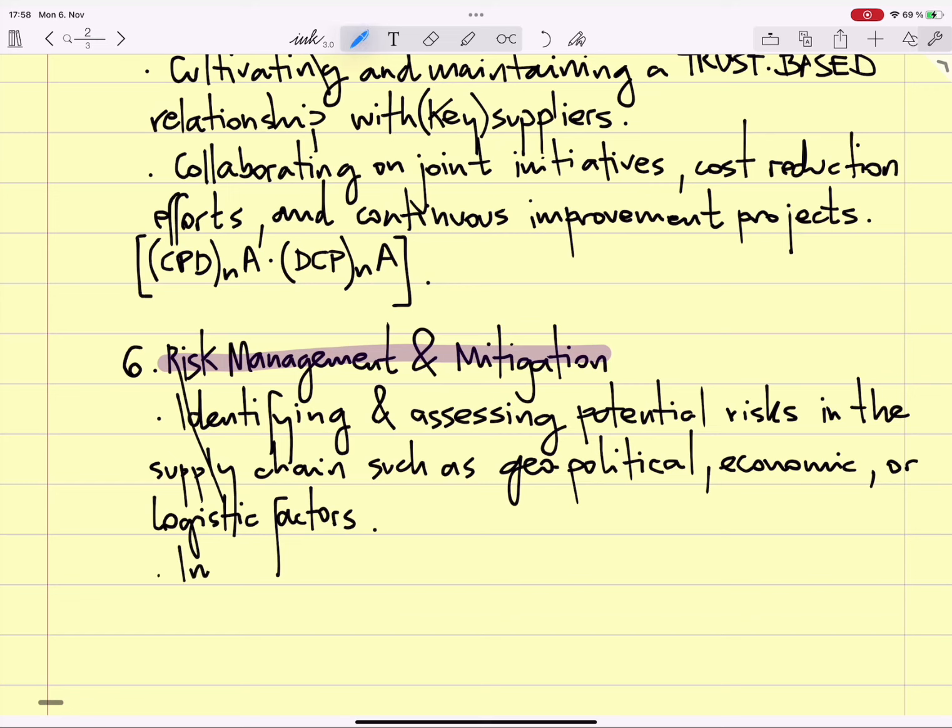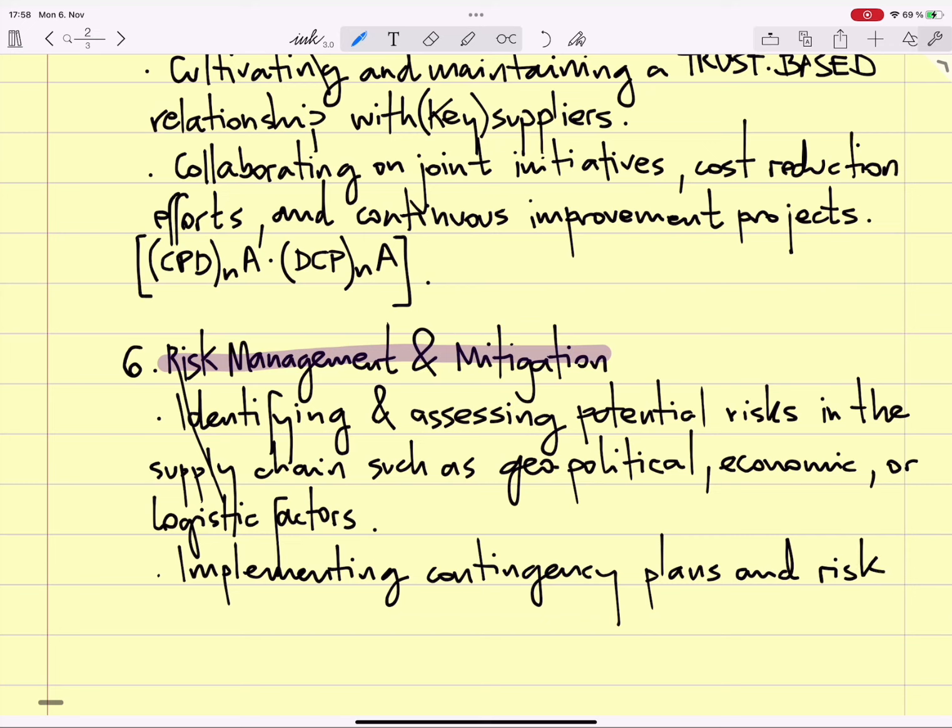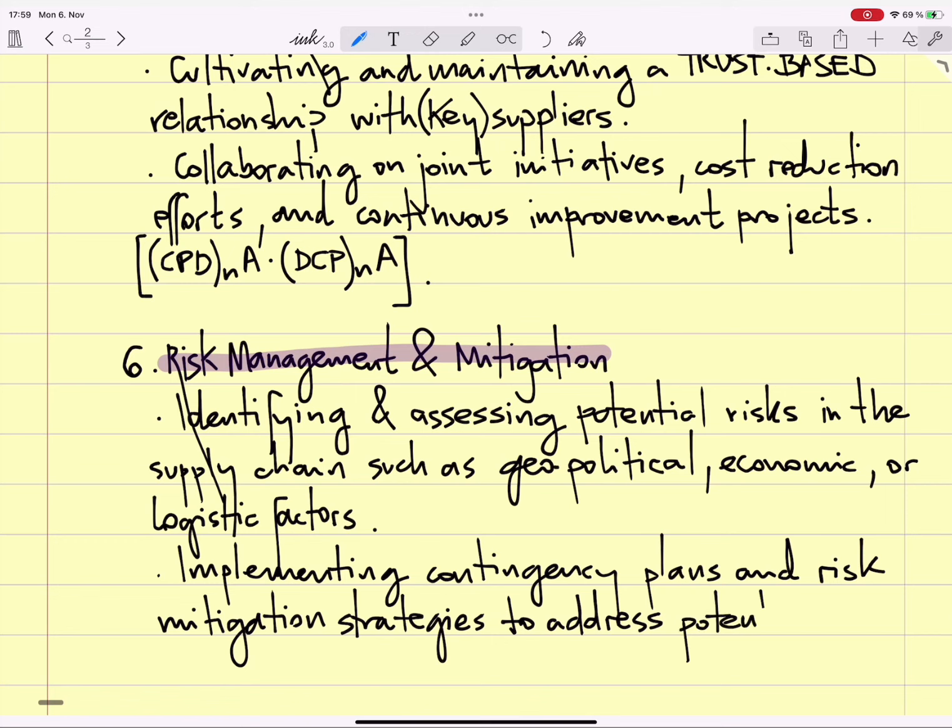Implementing also contingency plans and risk mitigation strategies to address potential disruptions.